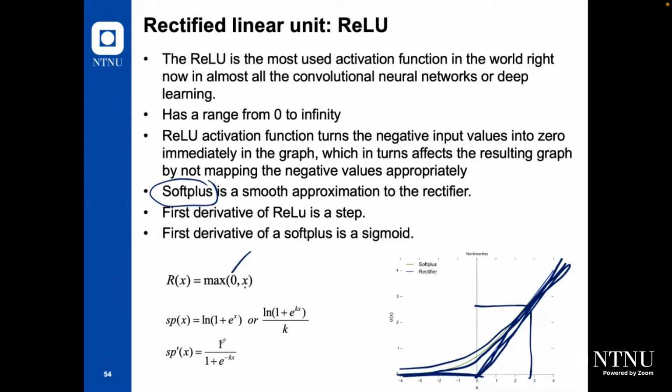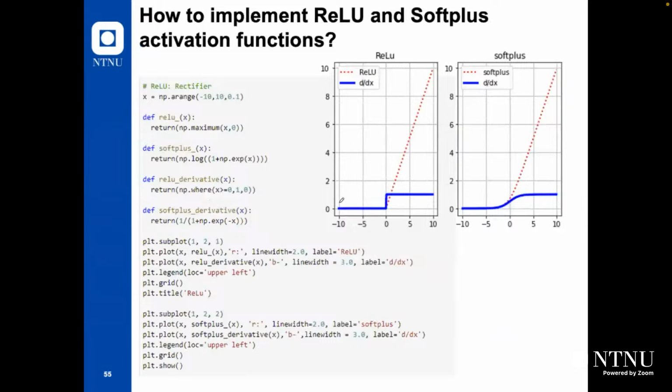When you differentiate it, you will get this one. So this one will be the softplus function, and when you differentiate it, it will in fact be this sigmoid. So the first derivative of the softplus function will be this sigmoid. So the performance will be much better in terms of vanishing gradient.